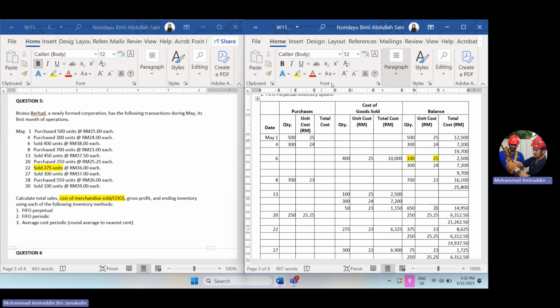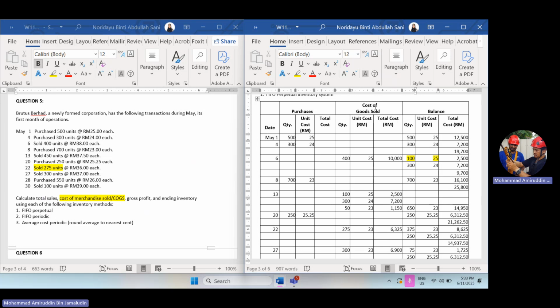So now I want to measure my cost. This is cost of goods sold. Cost of the goods that I want to sell. That is cost of goods sold. How to compute cost of goods sold? You put it in your SOPL.